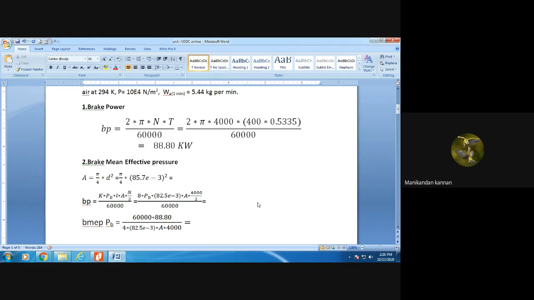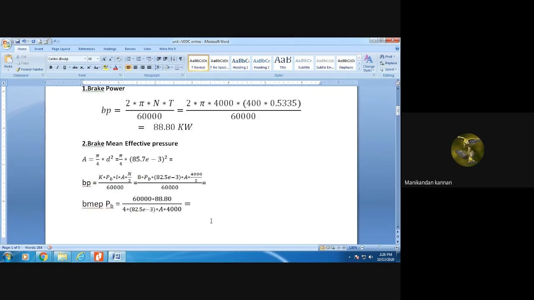What is the area? I will wait for 5 minutes. You try to find out A. Then the brake mean effective pressure, you try to find out.